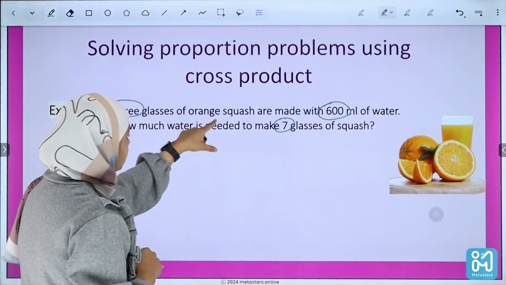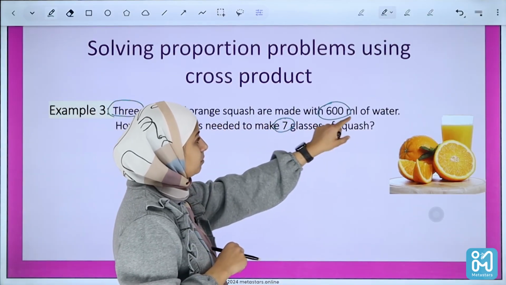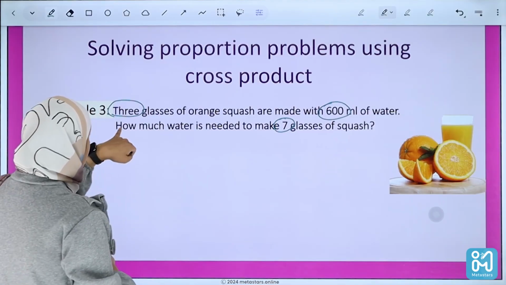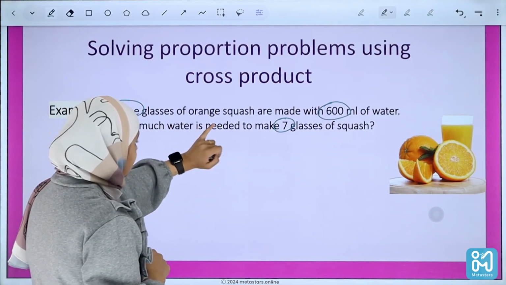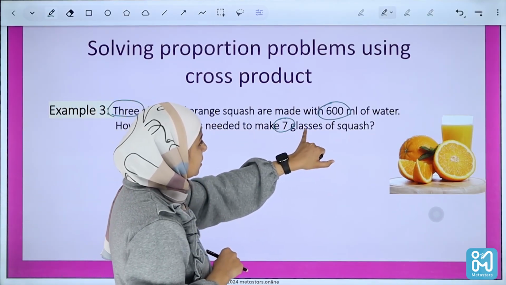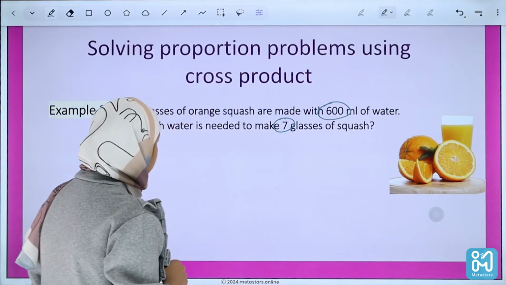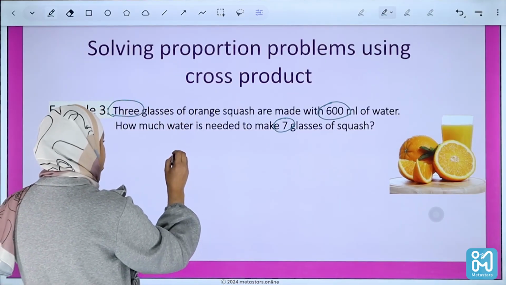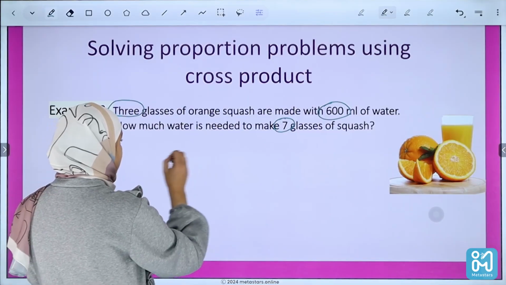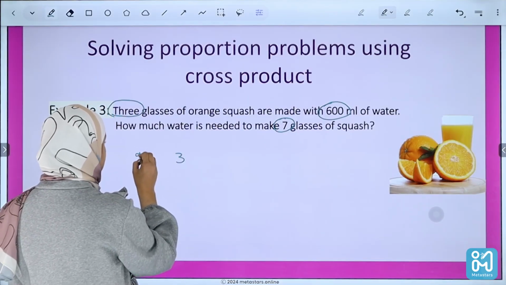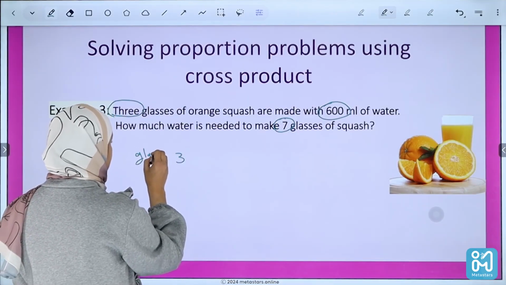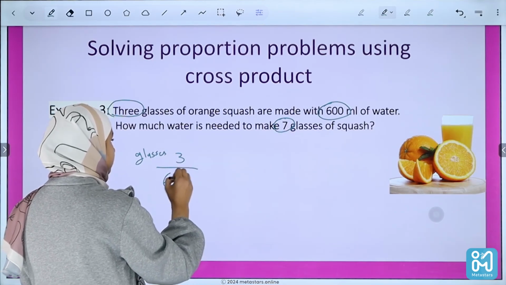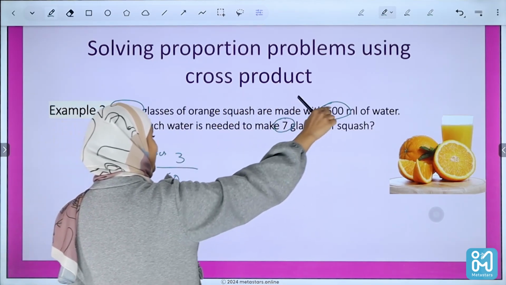3 glasses of orange squash are made with 600 milliliters of water. Okay, how much water is needed to make 7 glasses of squash? Okay, so 3 here is the number of glasses, made with 600.